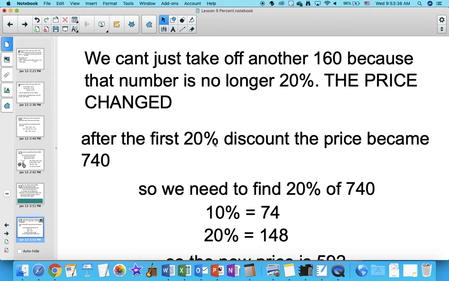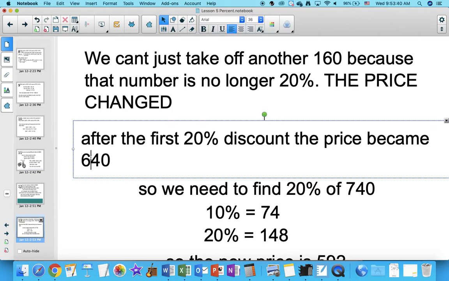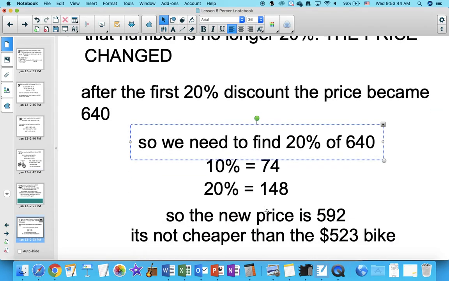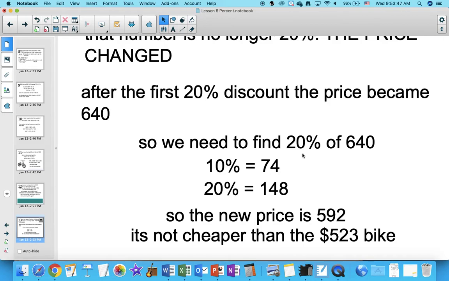After the first 20% discount, the price became 640. So we find 10% of 640, which is 64, which doubles to 128.